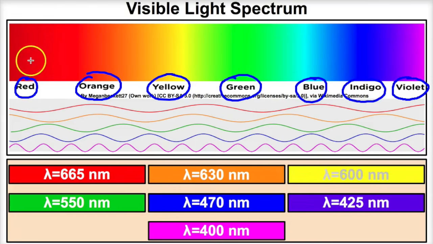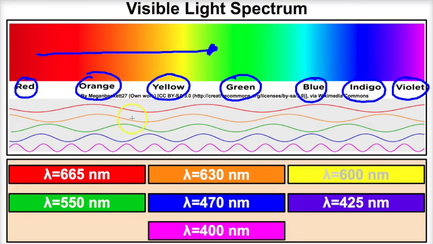And if we start taking a look at red, what we'll notice is that red has very long wavelengths. It has very low frequency and very low energy photons. And as you move this way on our visible light spectrum, the wavelengths are going to get smaller.